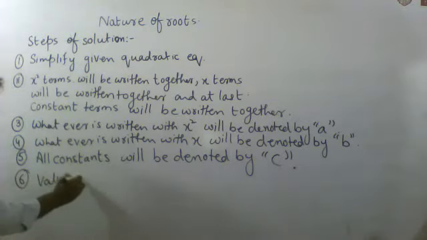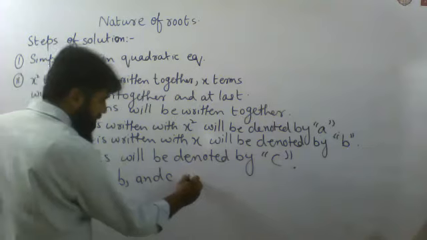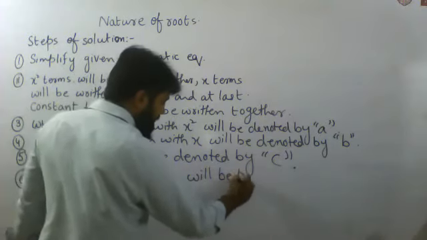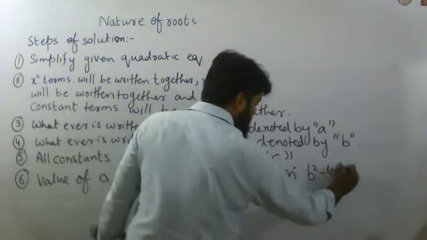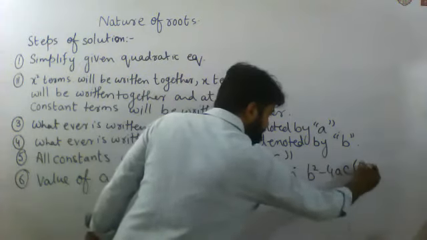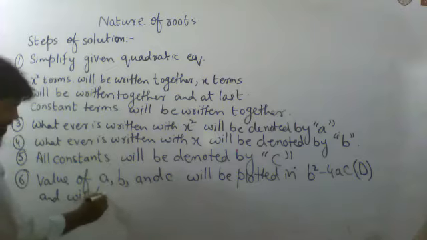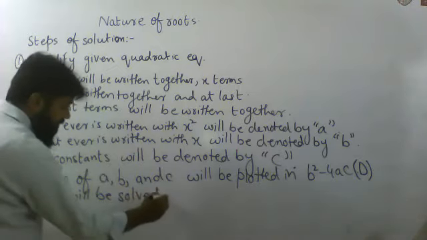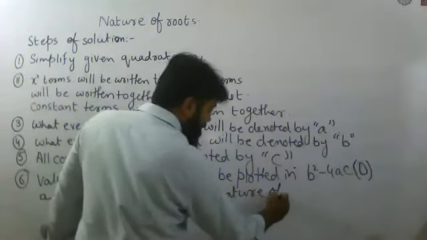value of a, b and c will be plotted in b square minus 4ac, which is your discriminant, and will be solved to find nature of root.